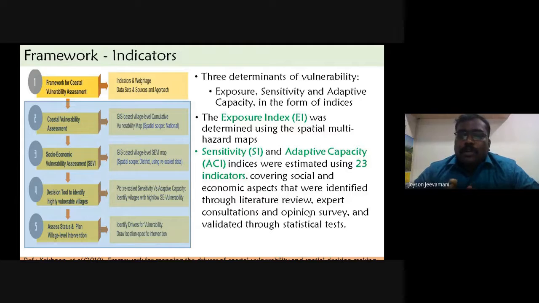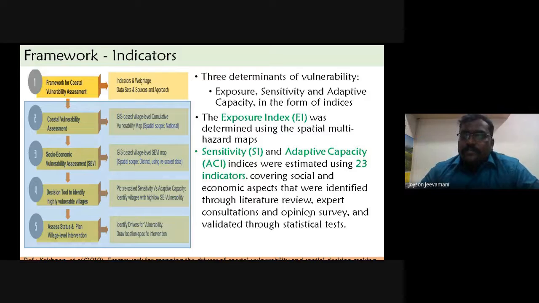Most coastal vulnerability assessments ignore these socio-economic parts. So we have given more emphasis to these indicators, the sensitivity and adaptive capacity indicators. Each of these will have social as well as economic indicators.